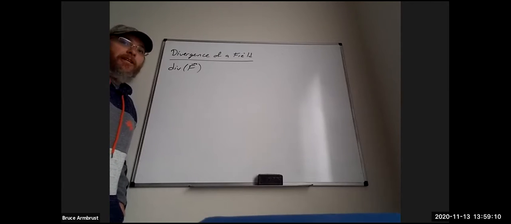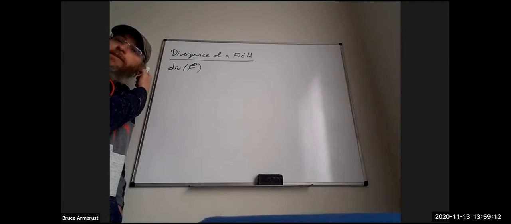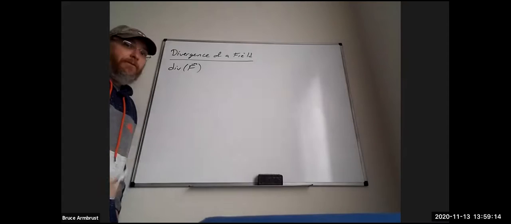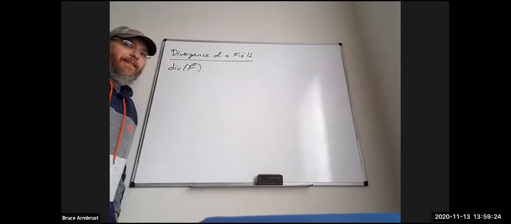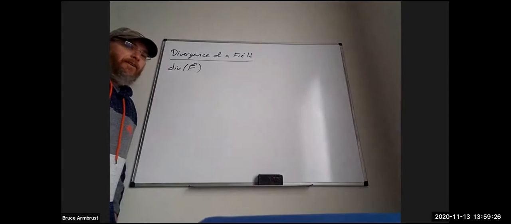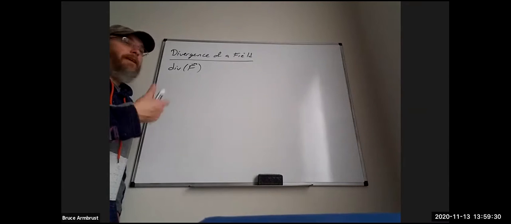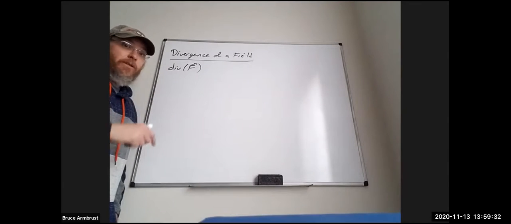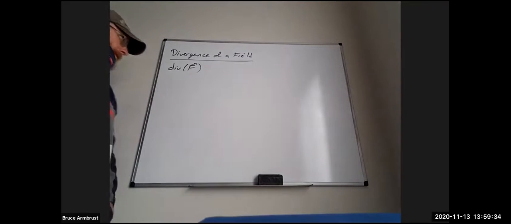It can be a function. It can definitely depend on points. In fact, usually when we talk about the divergence of a field, it's not constant. The divergence will change depending upon where we are. But you're used to that, right? Think about curvature. Curvature wasn't the same at every point, it depended on where you were. Divergence of a field is the same thing, but it is a scalar.